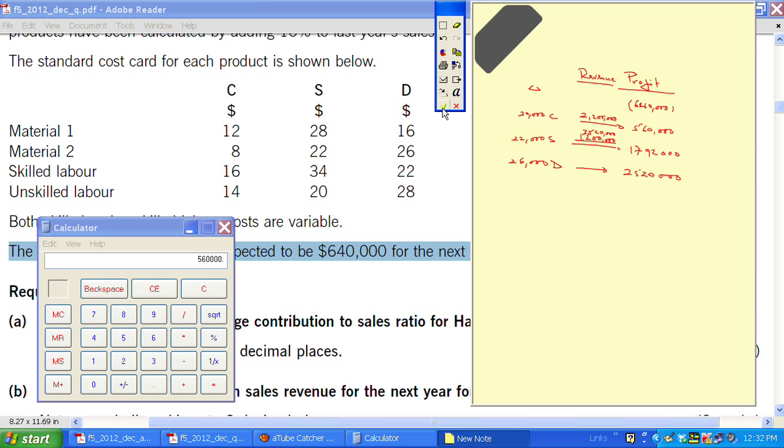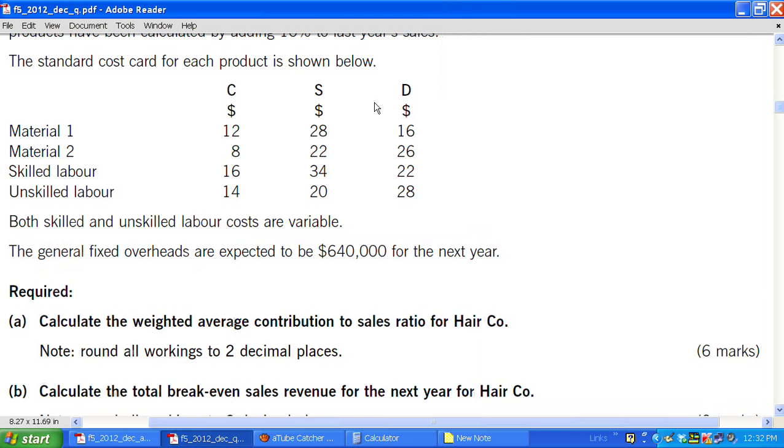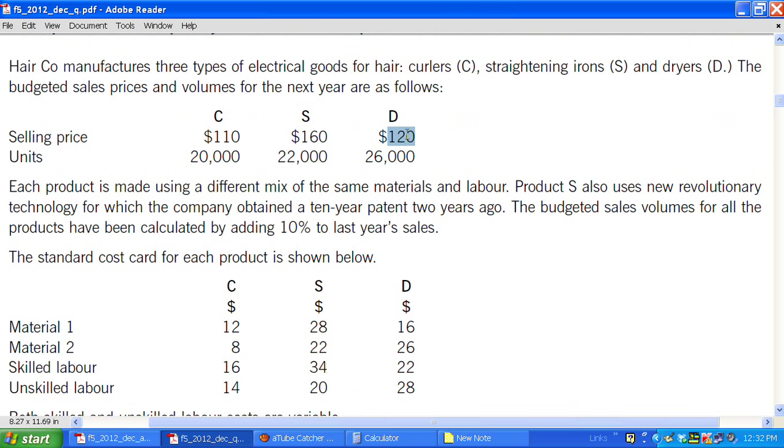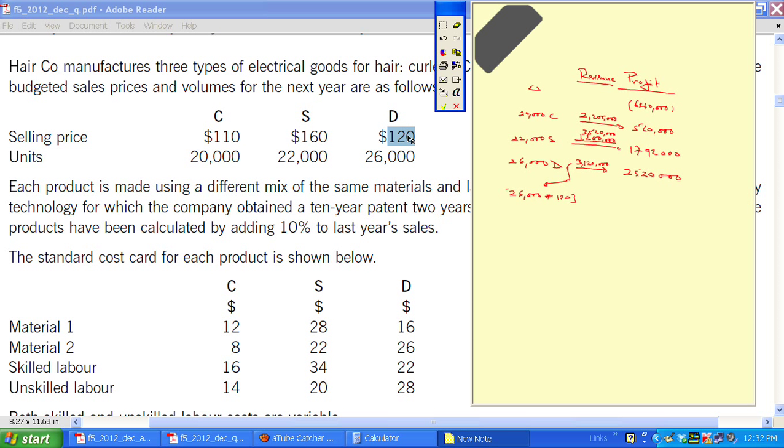Then we made 3,120. Hope you remember how we get these figures. For instance, 3,120 is 26,000 multiplied by the unit selling price of D, which is 120. This gives you 3,120,000. So let that not confuse you.